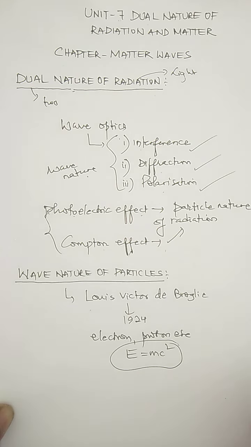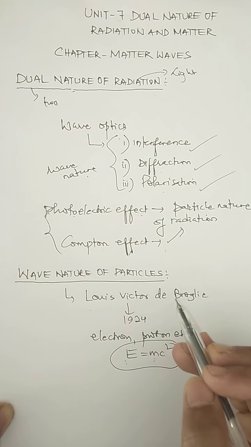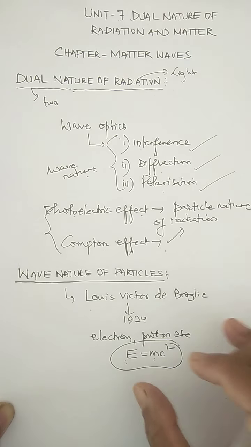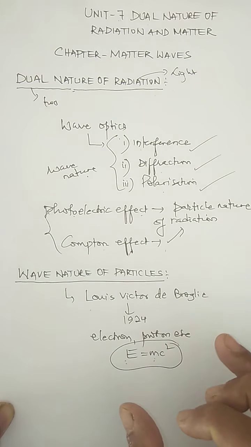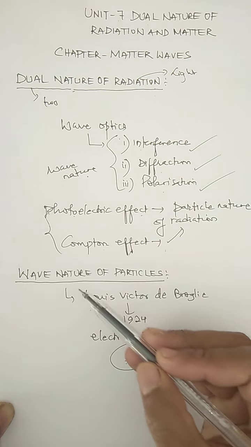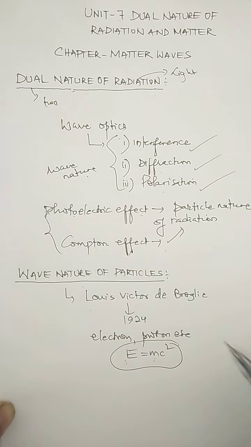This relation actually shows that matter and radiation are symmetrical to each other, which means if a matter has mass, it has energy also, in whatever form, whether that mass is at rest or in motion. So according to de Broglie's hypothesis, the entire universe is made up of matter and radiation, and they are symmetrical to each other. Thus, these two physical quantities, radiation and matter, must be symmetrical in character.